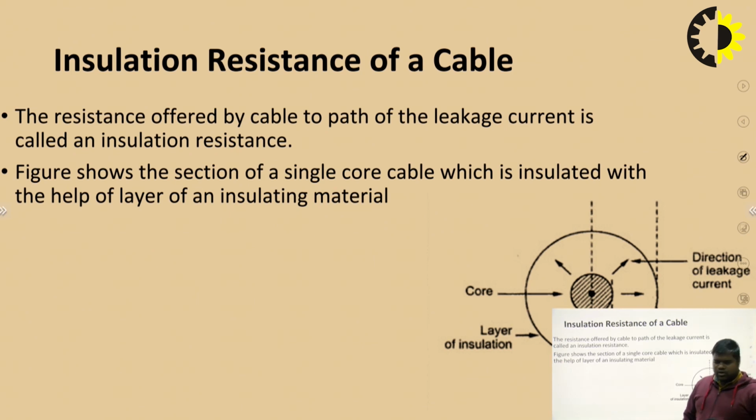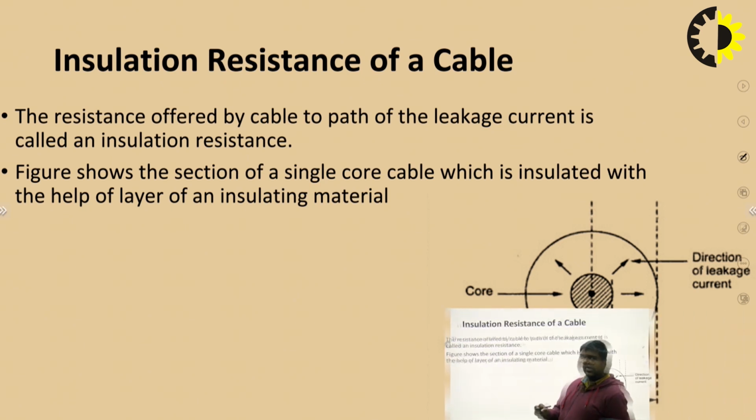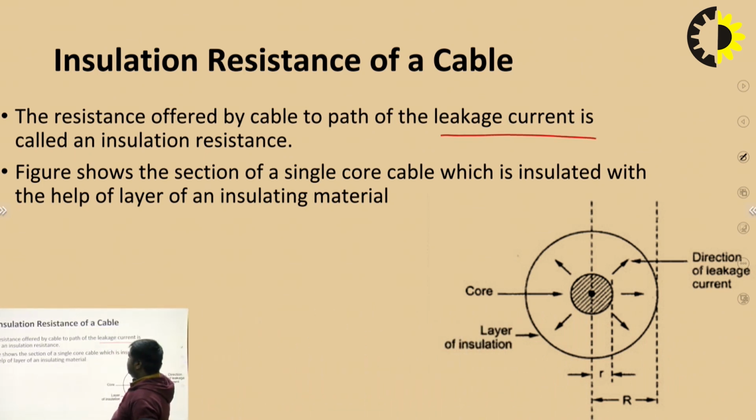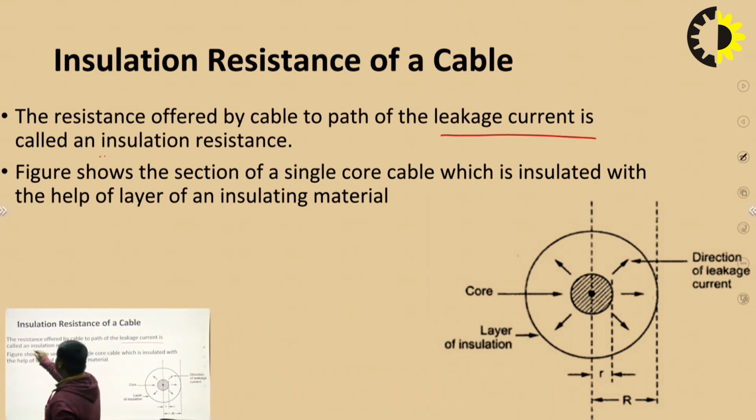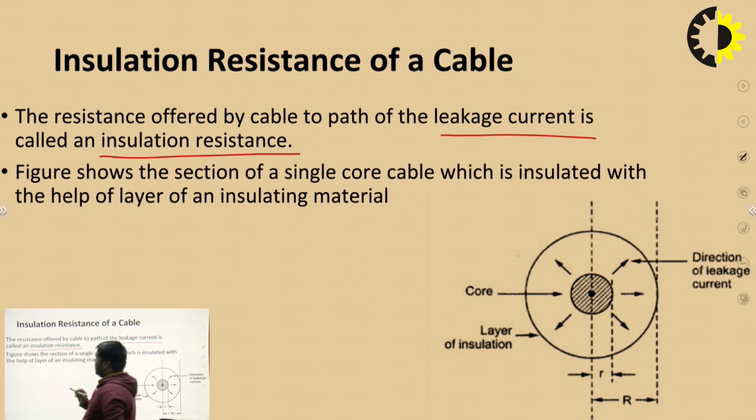The resistance offered by a cable to the path of the leakage current is called insulation resistance, and this figure shows the section of a single core cable which is insulated with the help of a layer of insulating material.